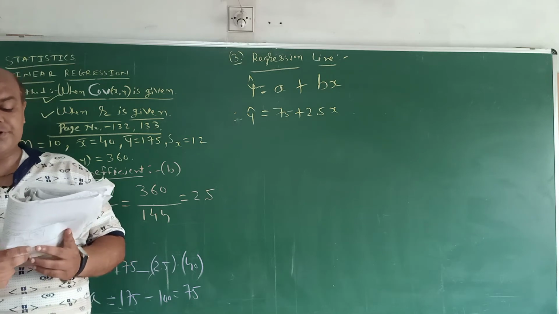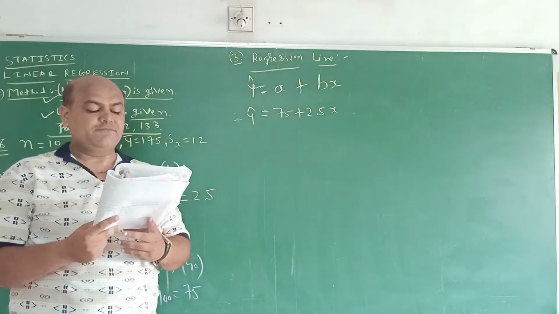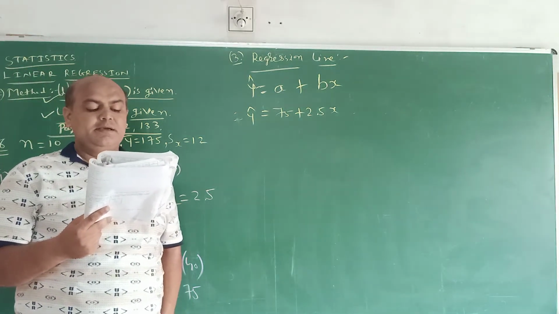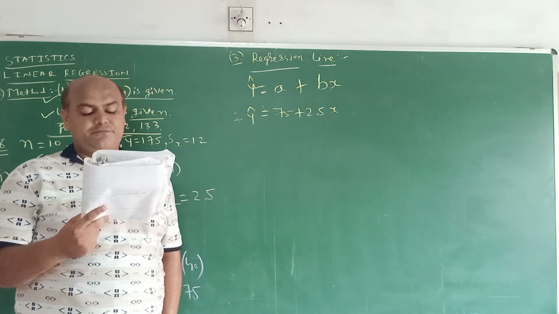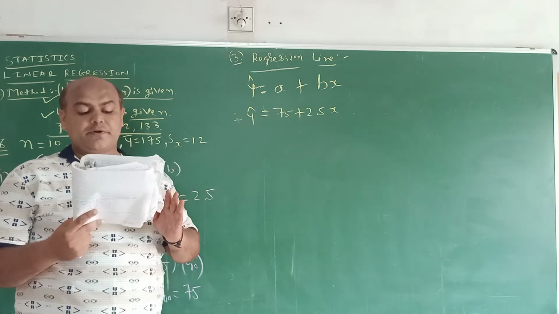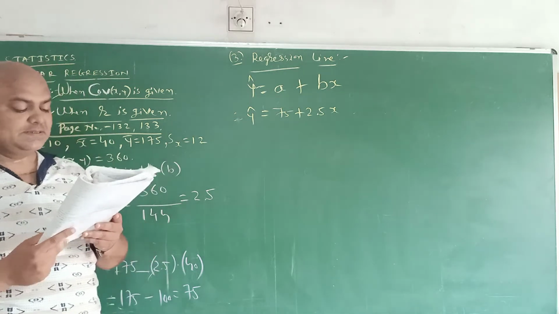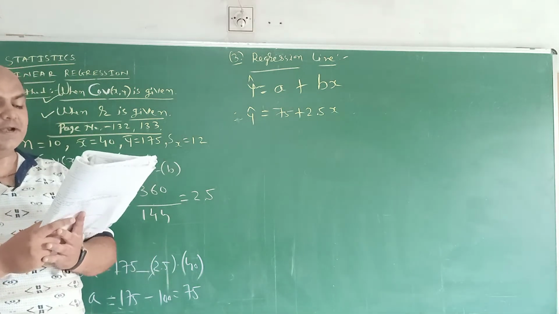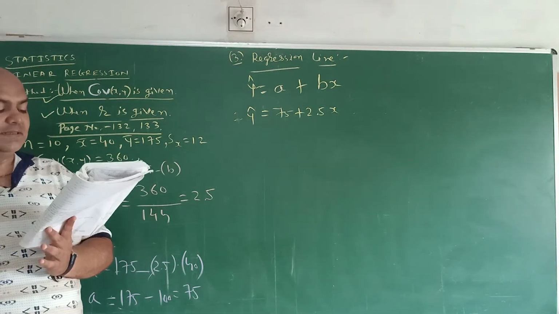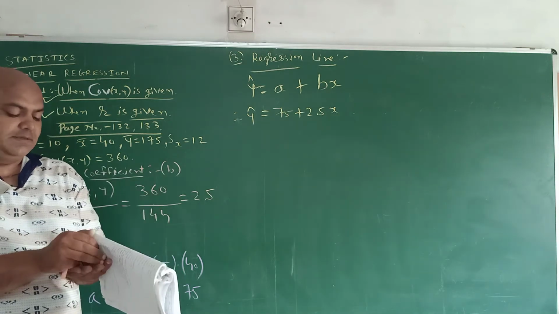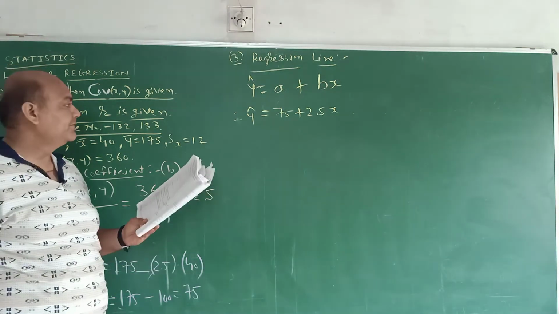The following information is shown for a sample of 100 families of a city. X is annual income of a family in lakh rupees. Y is annual investment in mutual fund of a family in 1000 rupees. They provide us everything ready.